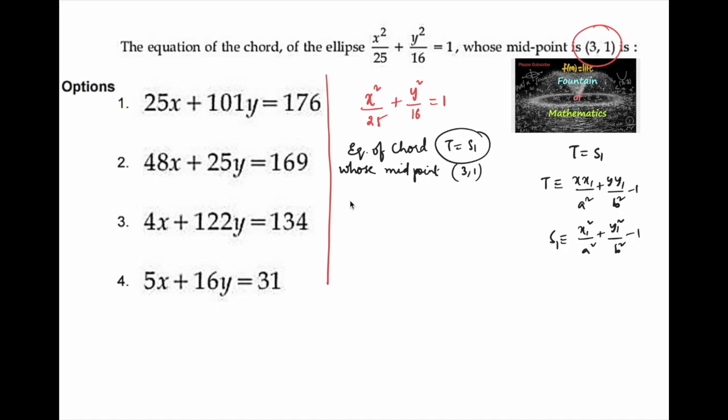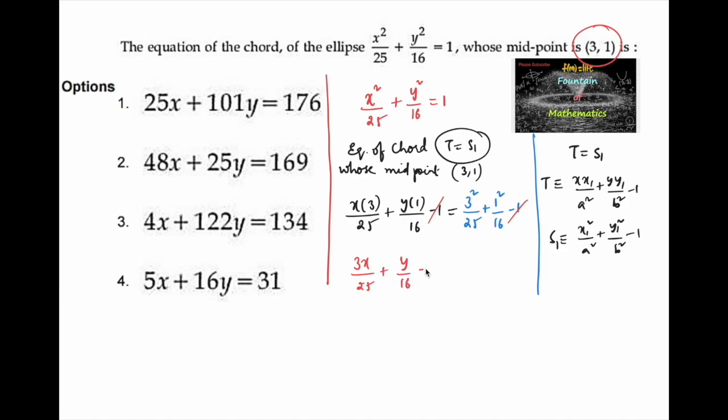So we can write the T value, that is x into 3 divided by 25 plus y into 1 divided by 16 minus 1 is equal to 3 square by 25 plus 1 square by 16 minus 1. So here minus 1 gets cancelled. So here we can get 3x by 25 plus y by 16 is equal to 9 by 25 plus 1 by 16.